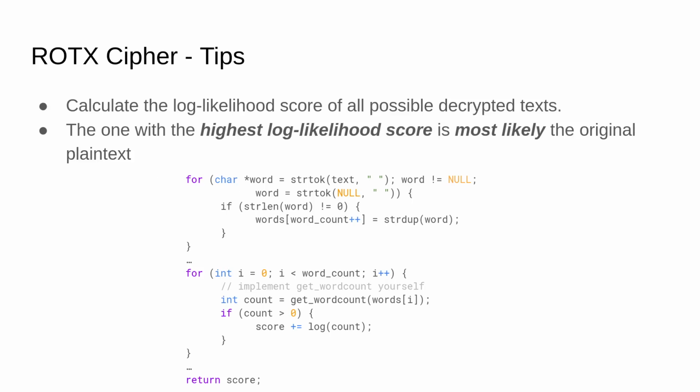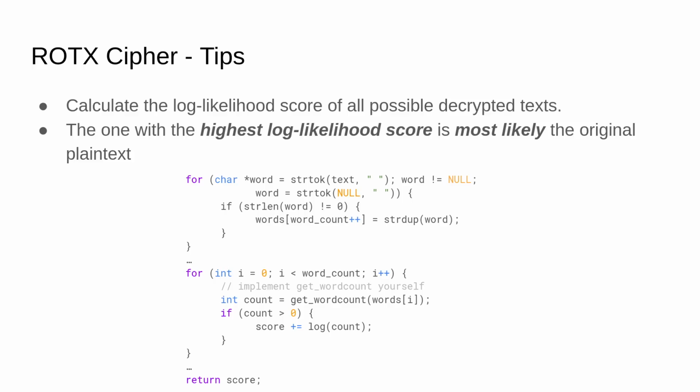All right. Now here comes the most important thing about this homework: how do you come up with the score that can help you determine how English-ish it looks? We'll be using a technique called the log likelihood score.